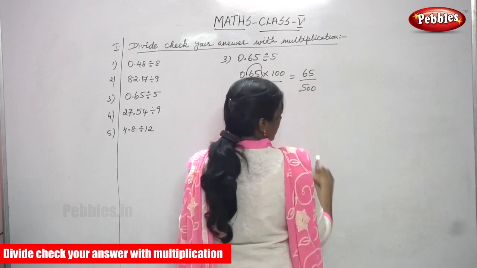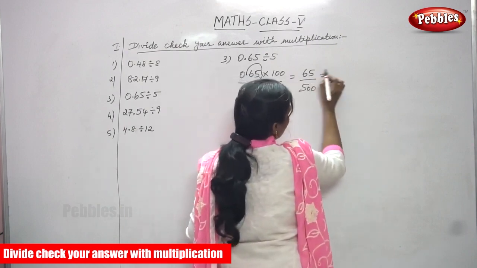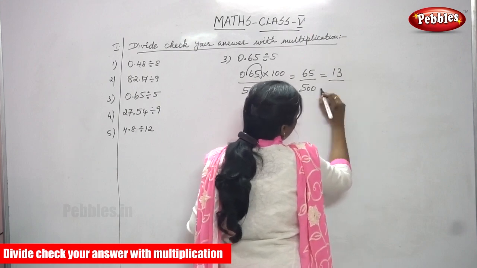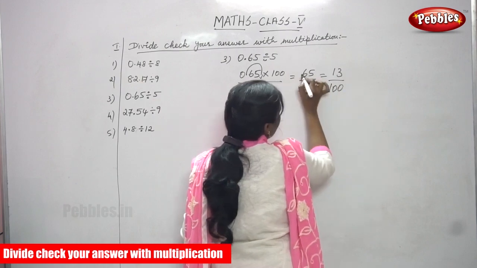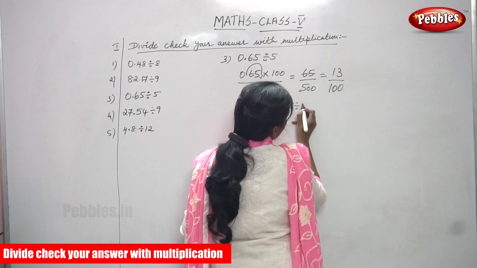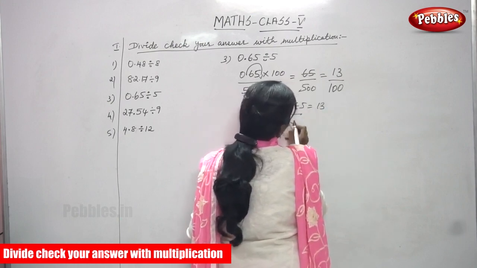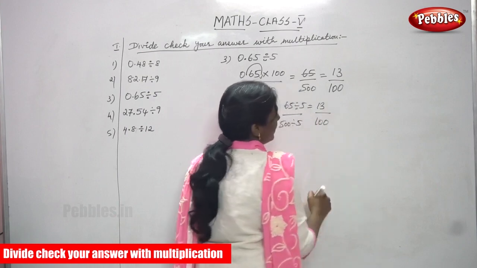So if you simplify this, 65 divided by 5 you get 13, and 500 divided by 5, you get 100. So 13 by 100.